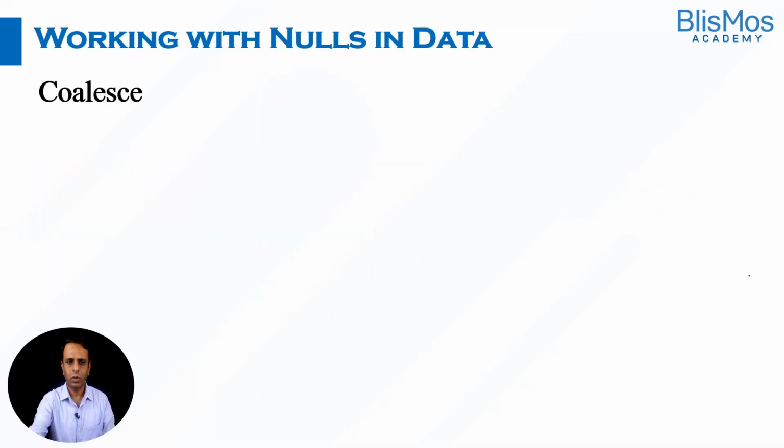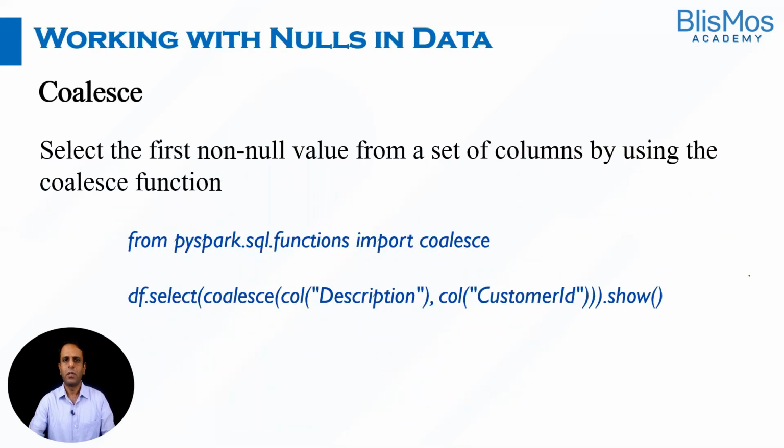The first thing is coalesce. What does coalesce do? Assuming that you have a data frame, and in your data frame you have null values, coalesce tries to find the first non-null value from a set of columns. So if you want to get the first non-null value, you can use the coalesce function.